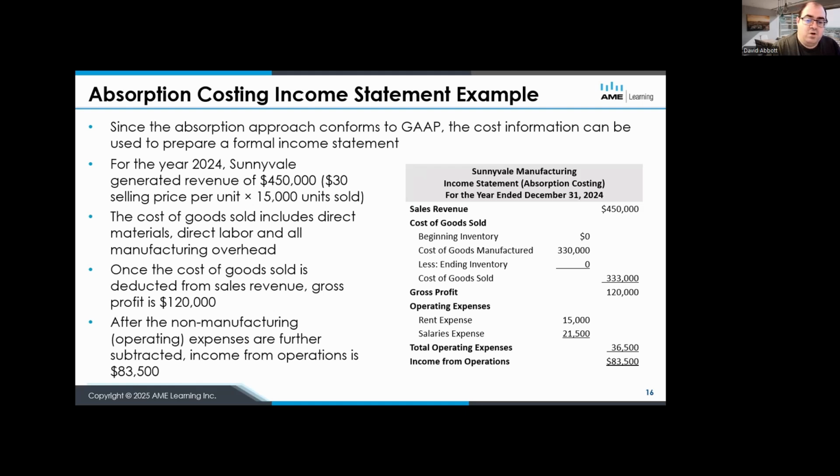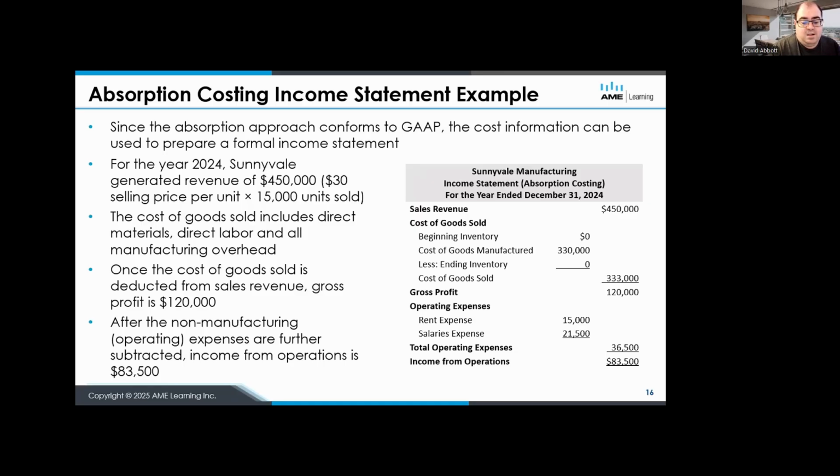For the year 2024, Sunnyvale generated revenue of $450,000. That would be $30 a unit times 15,000 units sold, so we see that listed there under sales revenue.